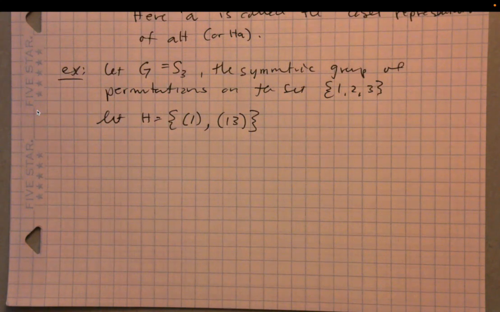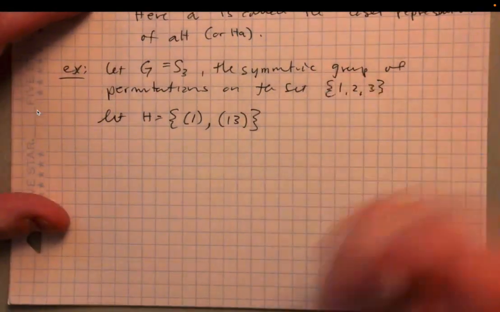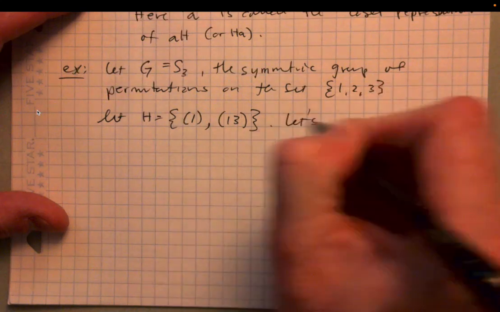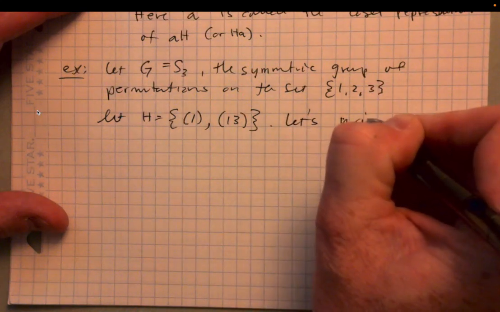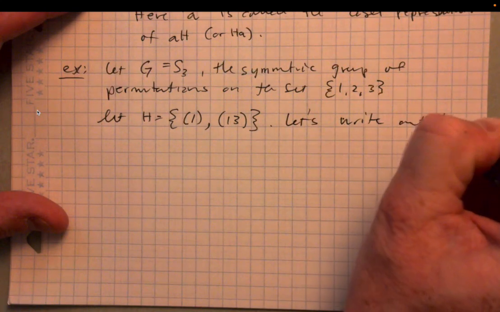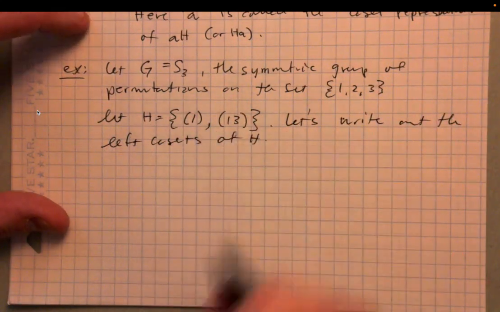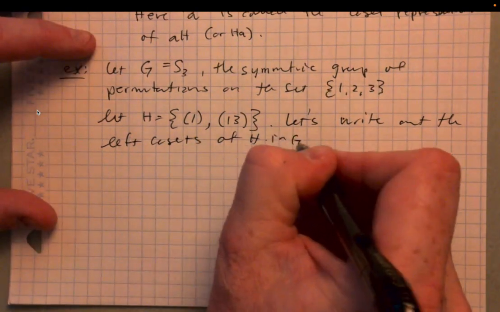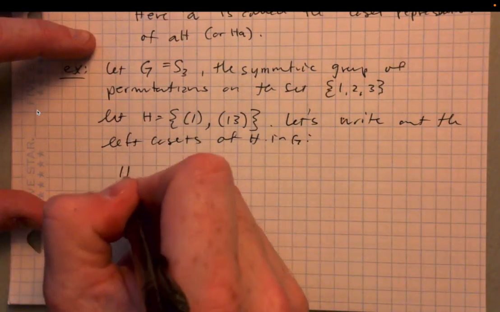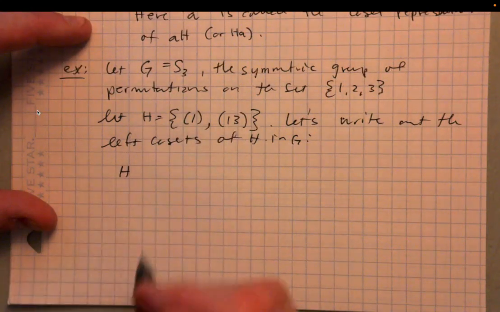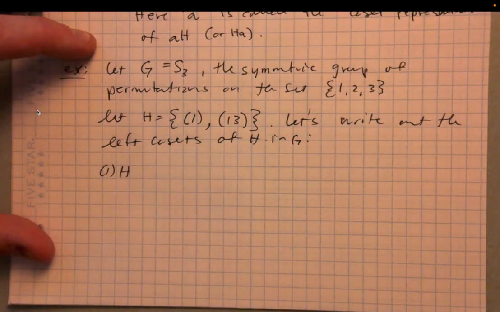Let's look at the left cosets of H. Let's enumerate them all and write out the left cosets of H in G. If I've got my subset H, which is the identity and (1 3), and I multiply it by the identity, well, then what do I get?